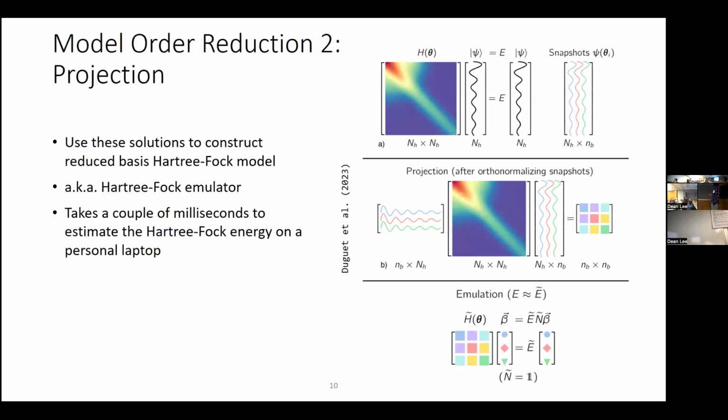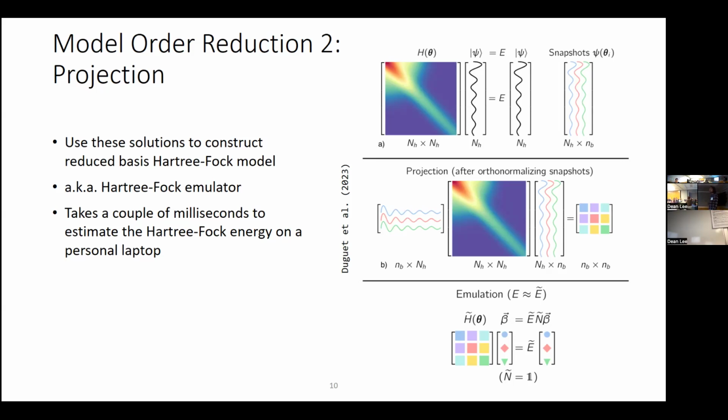Here I'm taking a picture from the review by Tada and co-authors present here. The idea is to collect all the exact solutions shown here. This first stage was expensive, as we saw on the previous slide, but using these solutions we can construct a smaller projected subspace, which allows fast emulation of Hartree-Fock energies. How fast? It takes only a couple of milliseconds to evaluate the Hartree-Fock energy given a random set of LECs on my laptop.